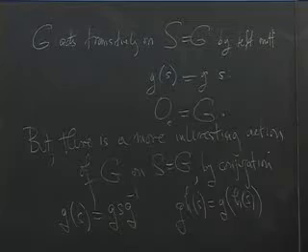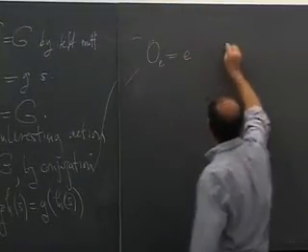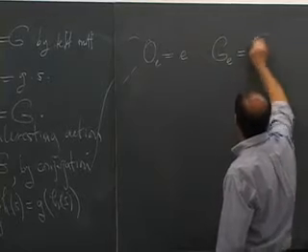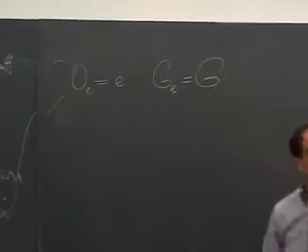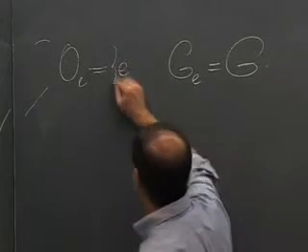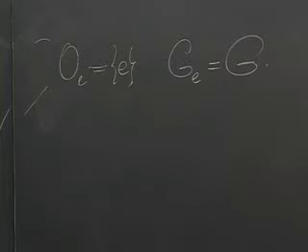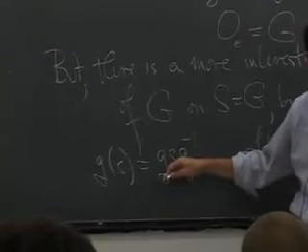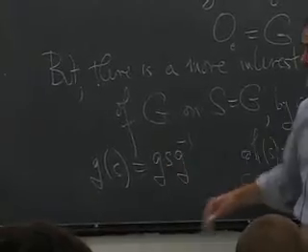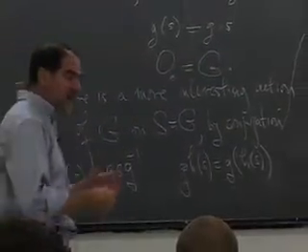The orbit of the identity element in this action is equal to e, and the stabilizer of the identity is all of G. So you can't get from a non-identity element to the identity element via this action. You cannot conjugate some element which is not the identity into the identity. Consequently, it's not a transitive action. They're different orbits.